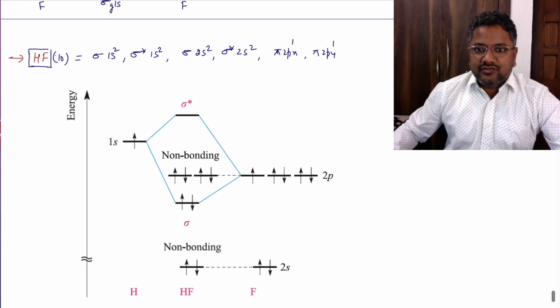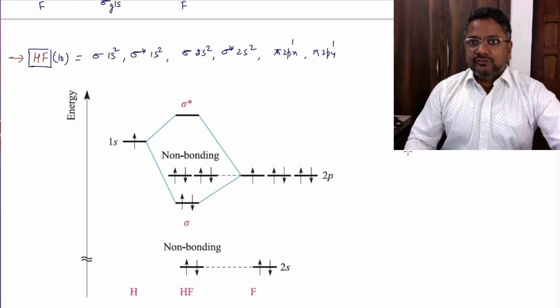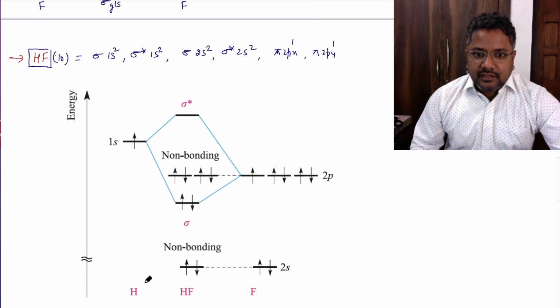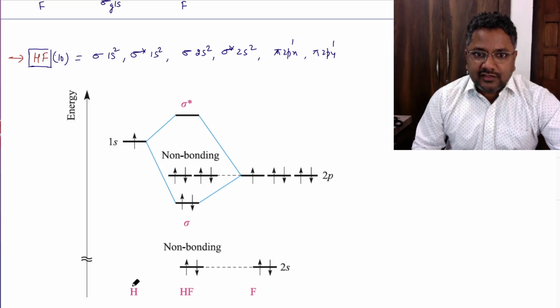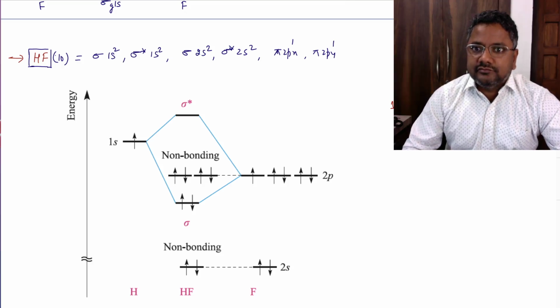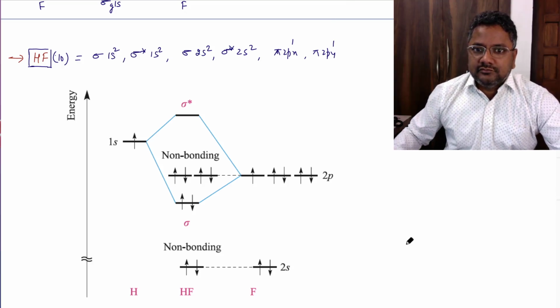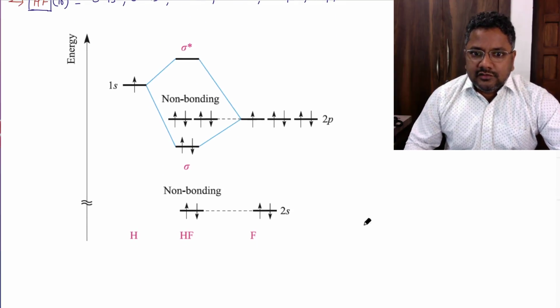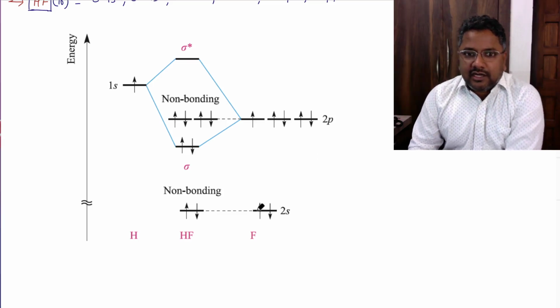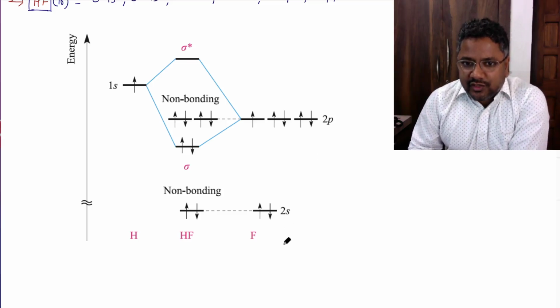So if you see here, this is hydrogen. Hydrogen 1s energy, the energy of the 1s orbital of hydrogen. See here, the 1s electron of fluorine is not shown here.